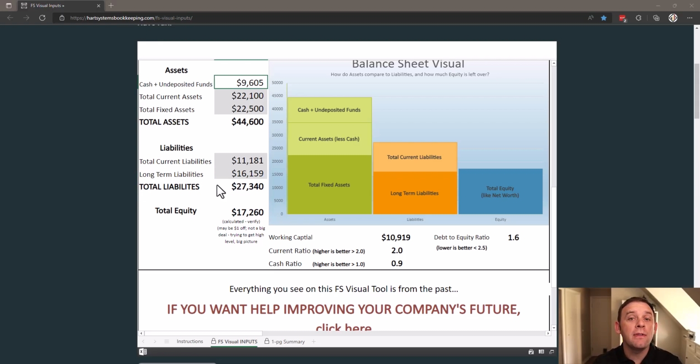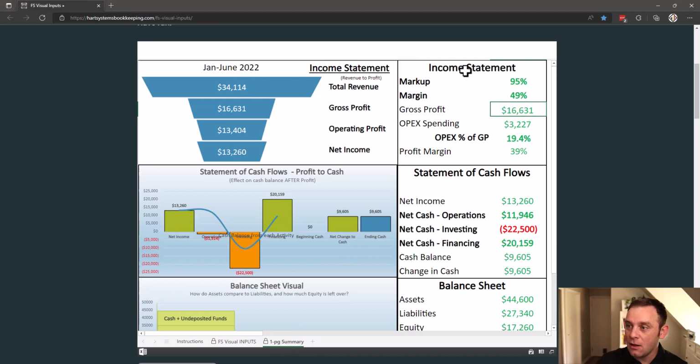And by the way, with a recent update to the FS Visual tool, there's also a heat map for these very same metrics. If you jump over to the next sheet, if you look closely, way down at the bottom, this 1-page summary, if we go there, all this stuff on the right-hand side is more really helpful stuff. Other metrics, I guess, key points from the story that your financials are telling.